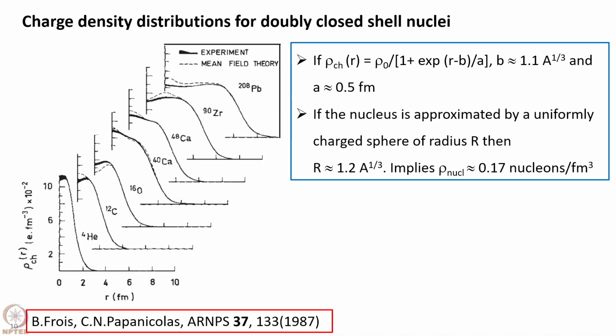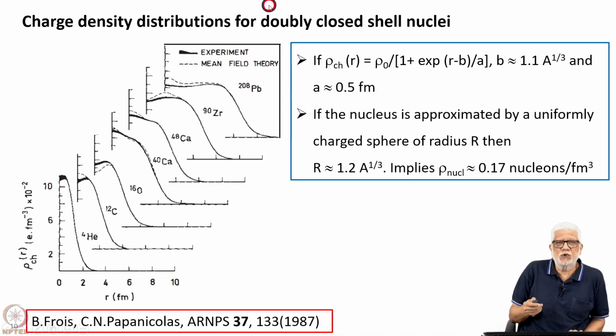Okay. So, such a charge distribution, using electron scattering out to fairly large momentum transfer, has been measured, and you can see a series of measurements. This is summarized in this review article by Frois and Papanicolas in the Annual Reviews of Nuclear and Particle Science, 1987, and what is plotted here is the charge distribution as a function of r for nuclei.